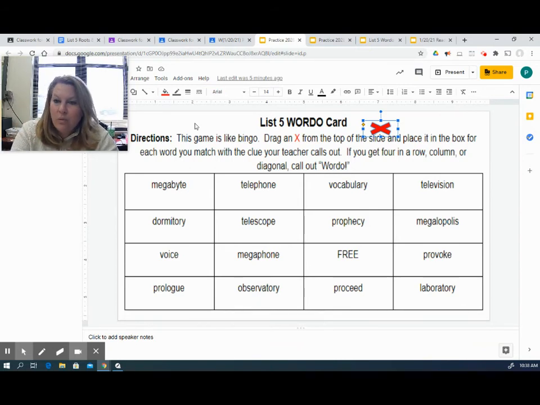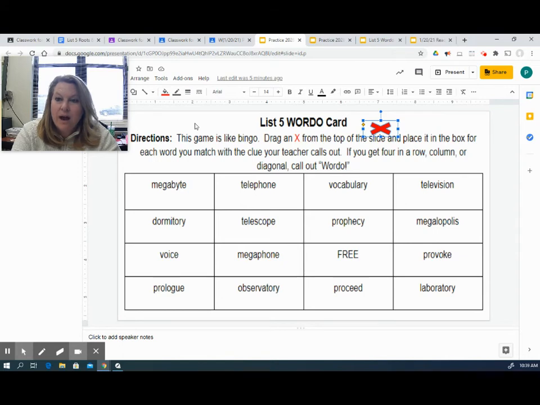So the 3 words on your card that you should have marked when I called that root would be voice, vocabulary, and provoke. Voice, vocabulary, and provoke were the ones that contained the root that means sound, word, or call.